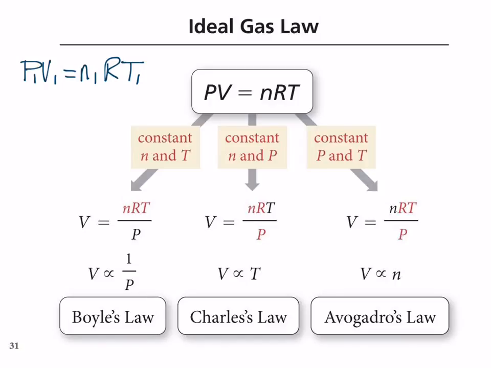I didn't put a subscript on R because it's not going to change. If I divide this by P2V2 on both sides, is it still an equality? Yeah, because I did the same thing to both sides. But the ideal gas law says that this P2V2 is equal to n2RT2.